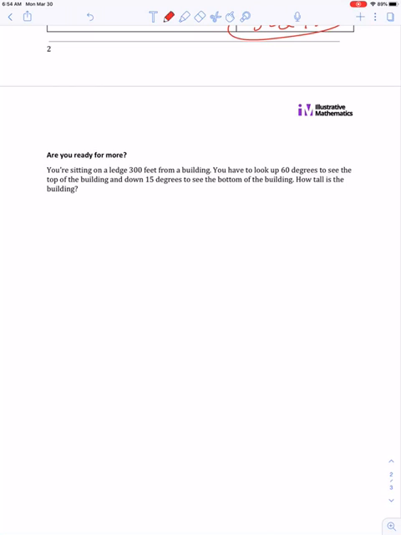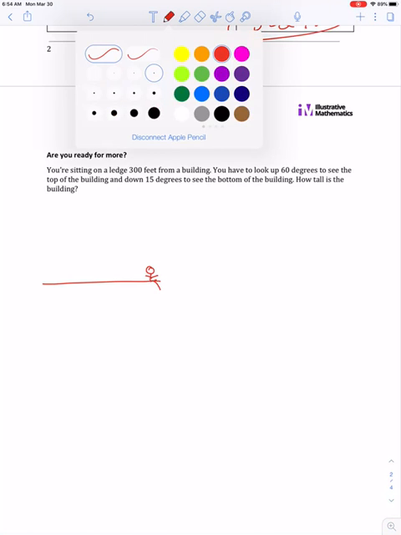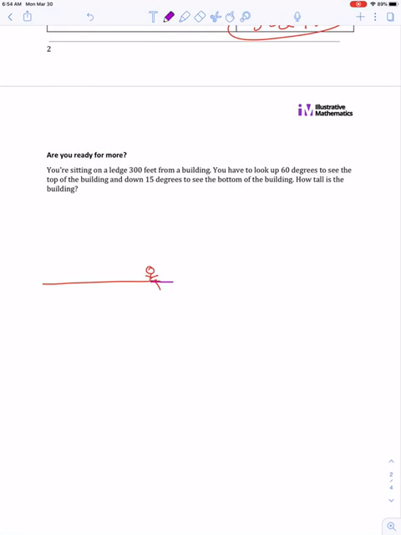Okay, you're sitting on a ledge, so let's draw this out. We're sitting on this ledge, 300 feet from the building. So here is 300 feet, and here's a building. You have to look up 60 degrees to see the top of the building.